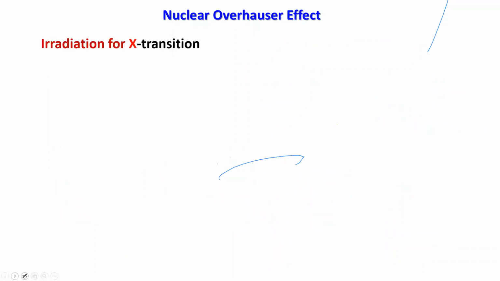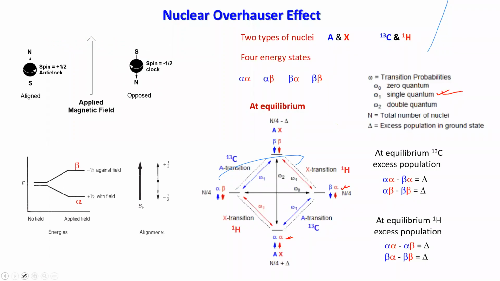Now let us irradiate the X nuclei or the proton nuclei. So let us do the transition of X while keeping the 13C or the A nuclei silent. Because in proton decoupled 13C, what is our aim?